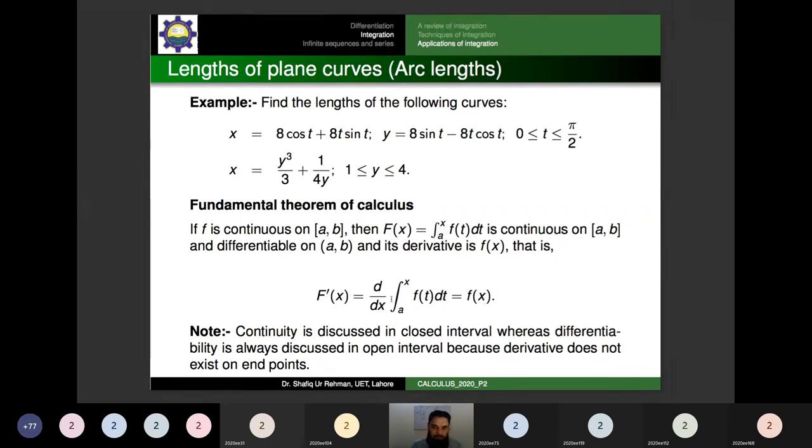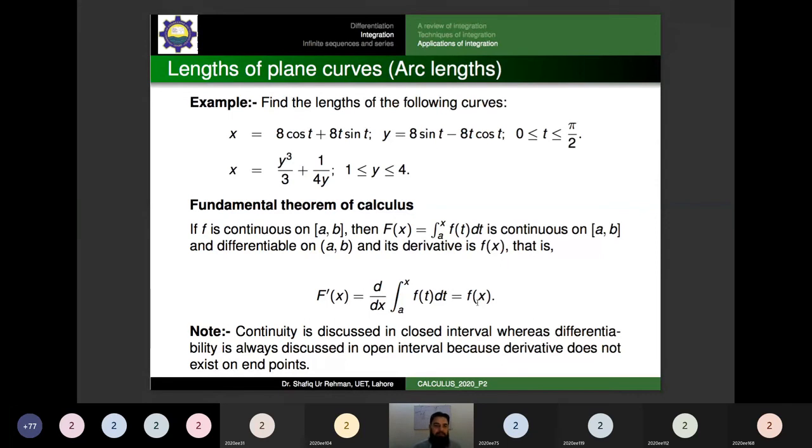What we observe from here is that derivative and integral are going to kill each other's effect. They will kill each other and we're left with the original function. And since in this case we have the upper limit as a variable, it will result in the form of a function of x.